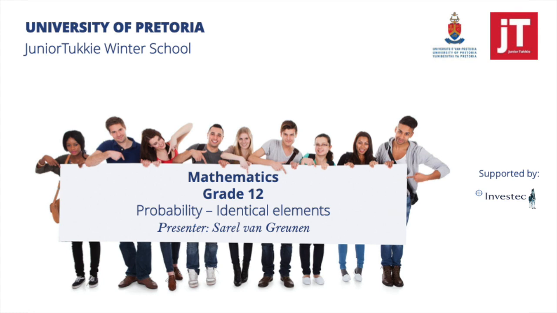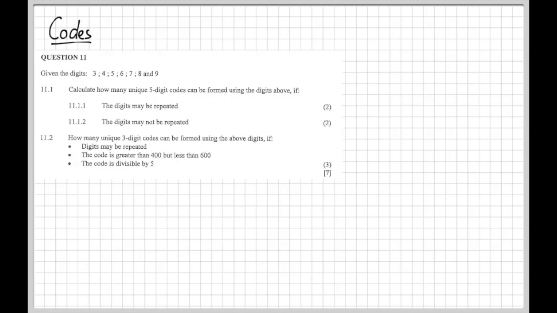First of all, we are going to start with code questions. So our first example comes from a previous year's exam paper. Now, when I look at the previous year's exam paper, this one specifically, it says we're given the digits 3, 4, 5, 6, 7, 8, and 9.